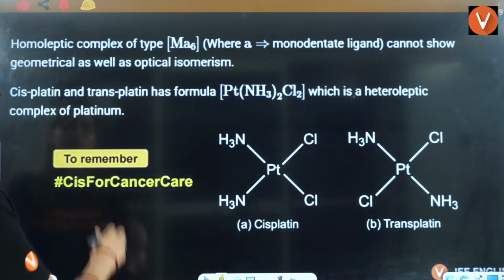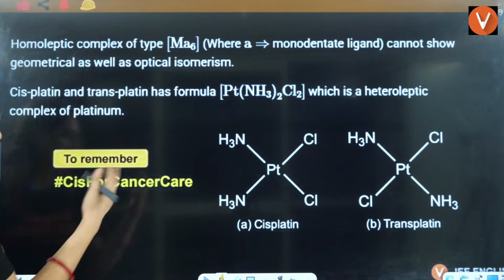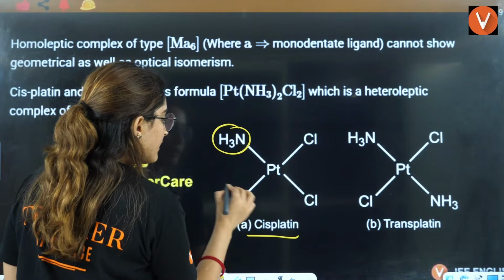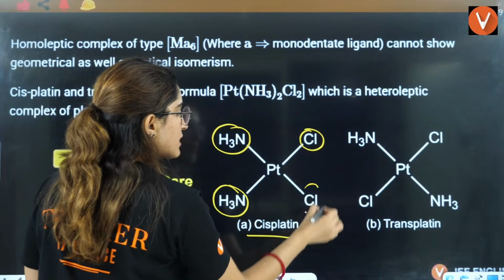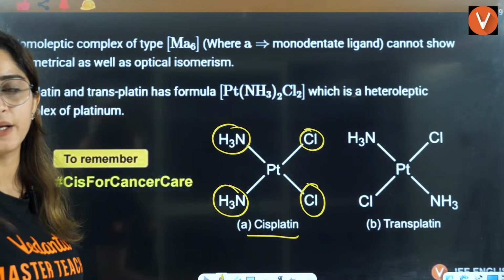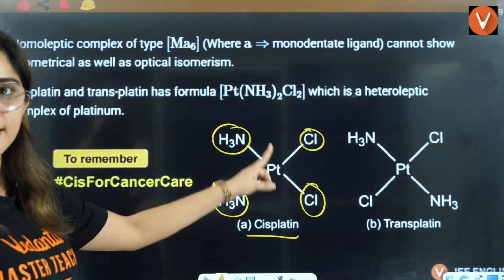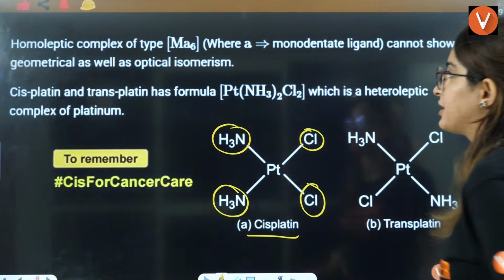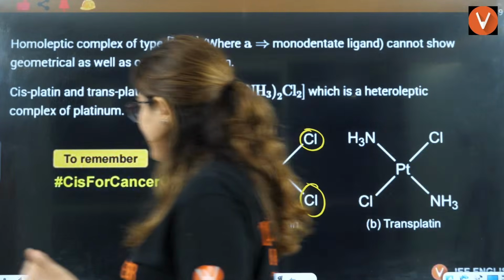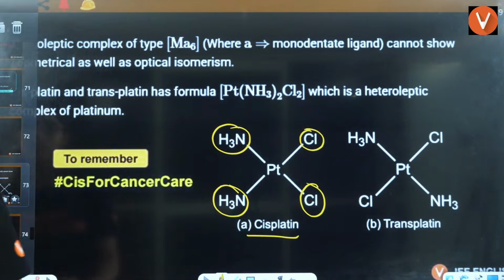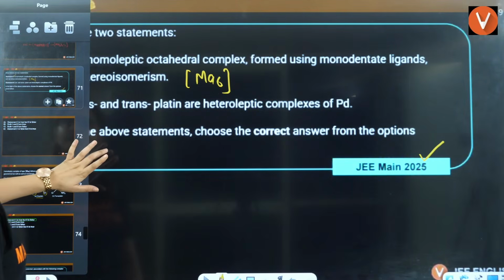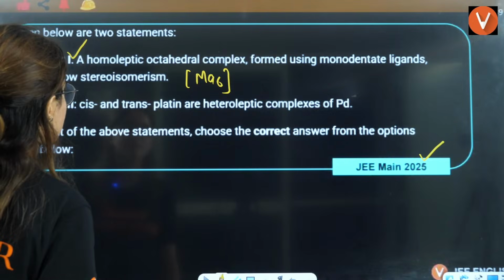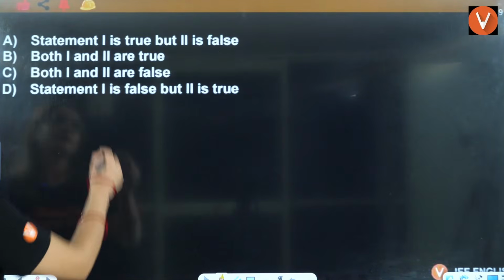Cisplatin is an anti-cancer agent, with NH3, NH3, Cl on the same side. Pt, NH3 twice, Cl twice, that is cisplatin, and that is definitely heteroleptic. So both the statements are correct.